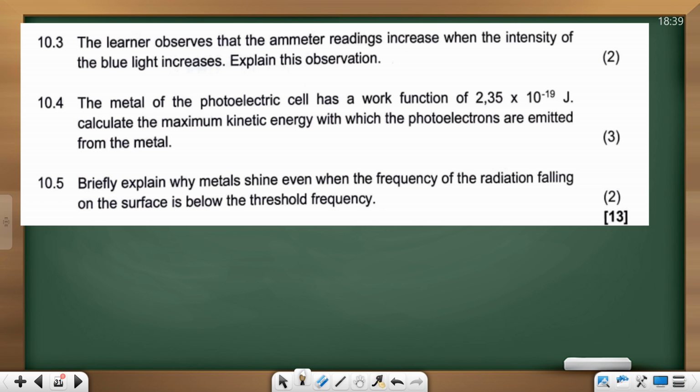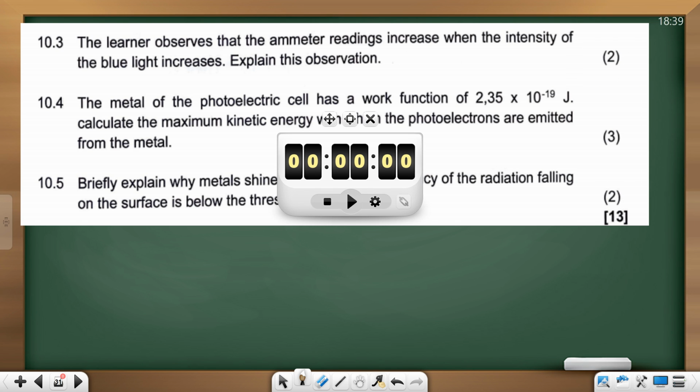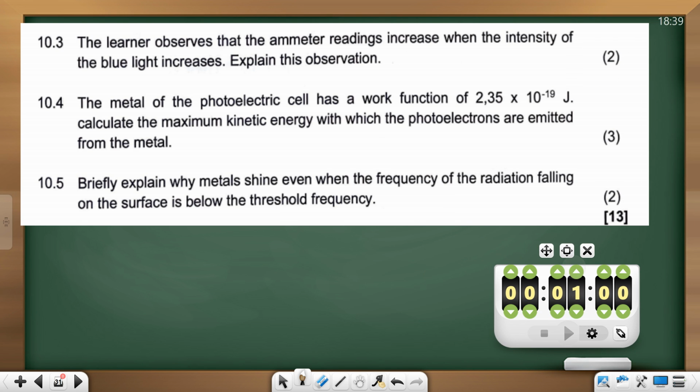Whether you are doing physics or chemistry, just start with that phrase. What is the relationship between independent and dependent, keeping the control constant? You fill in the gap. Put a question mark. What is the relationship between independent and dependent if the control is kept constant? So yours is to identify the independent, the dependent, and the control. I hope it makes sense. Whether it's physics or chemistry, same story.